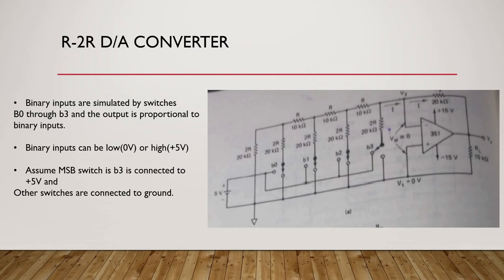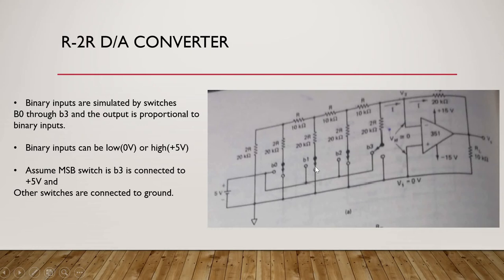Here, as before in the binary weighted resistor DAC, the binary inputs B0 to B3 are obtained through electronic switches and a reference voltage VR. This is nothing but the reference voltage of 5 volt here. When a switch is connected to VR, the corresponding binary input is at logic 1.